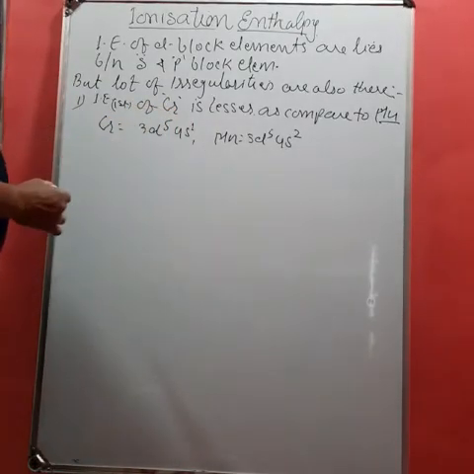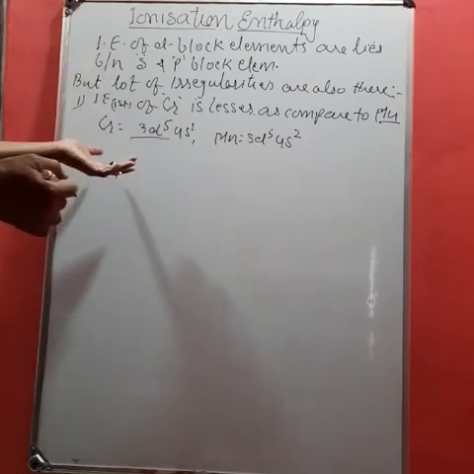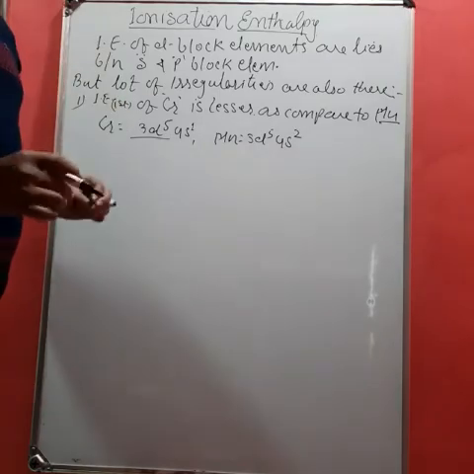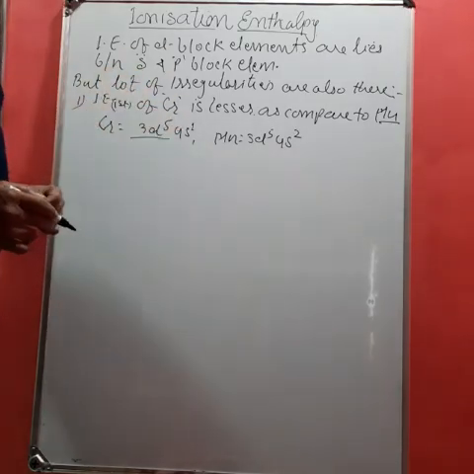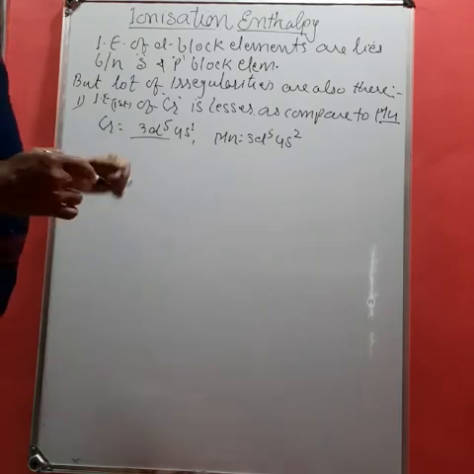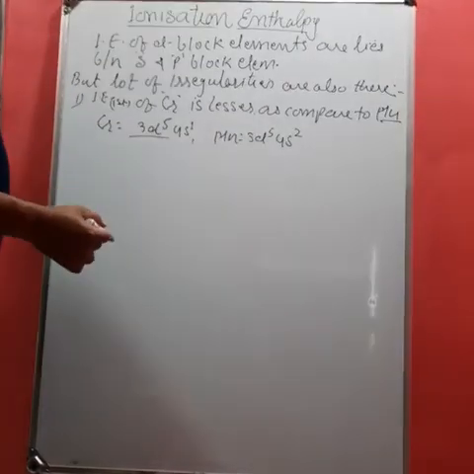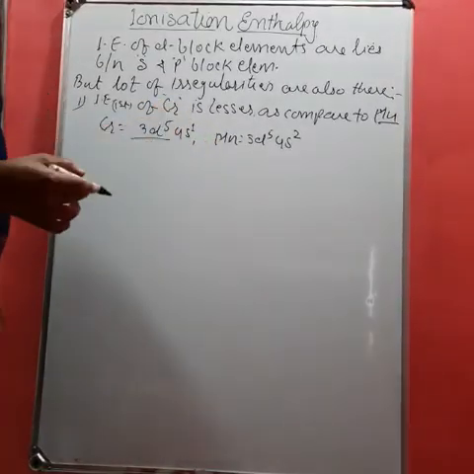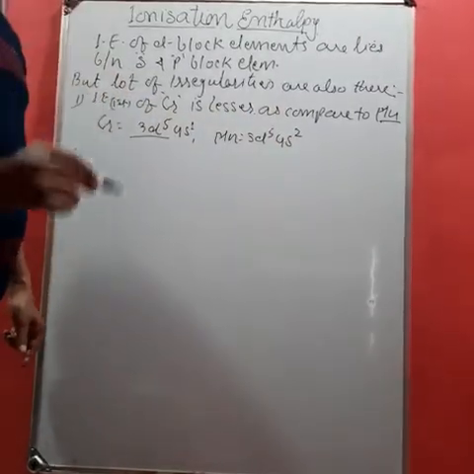Actually, student, what happens? After removal of an electron, the 3d5 becomes completely half-filled, which shows extra stability. But here, after removal of an electron, the configuration of Mn remains 4s1, that is unstable.